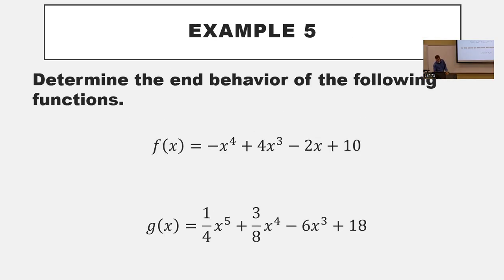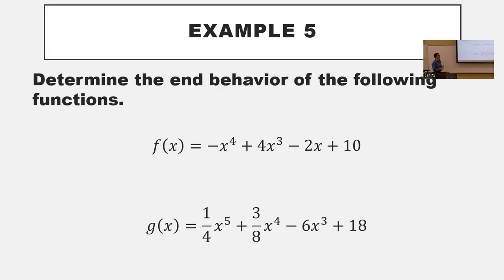And we saw that in a couple of different examples of polynomial functions. Remember, the middle portion may have ups and downs, minimums and maximums, local minimums, local maximums. But the end behavior of f of x equals negative x to the fourth plus 4x to the third minus 2x plus 10 is going to be determined by negative x to the fourth.